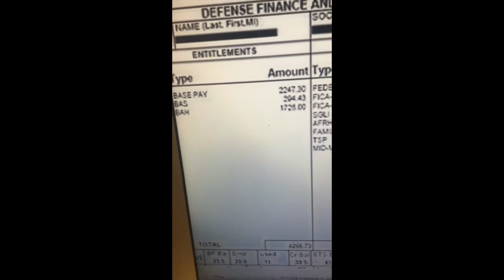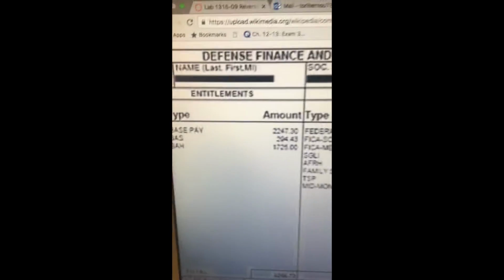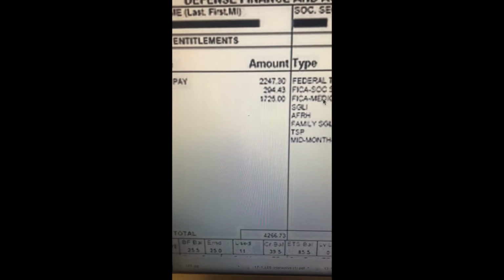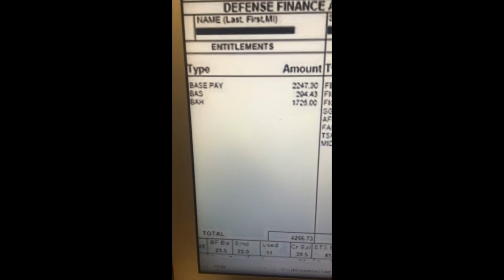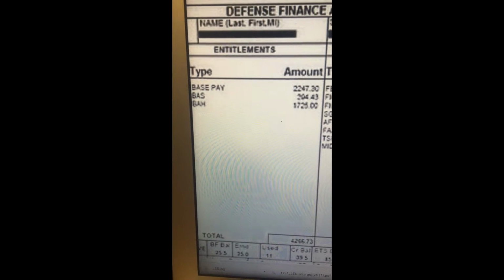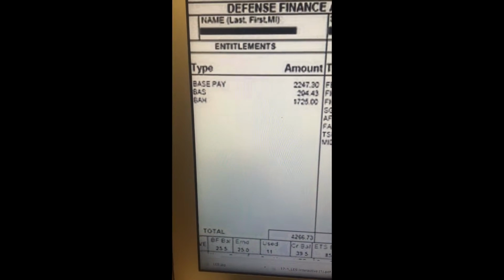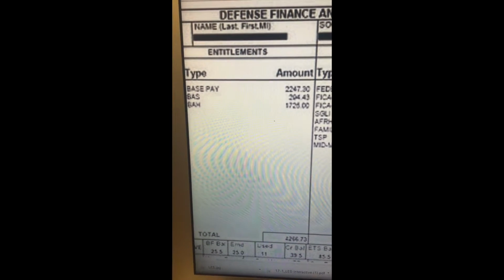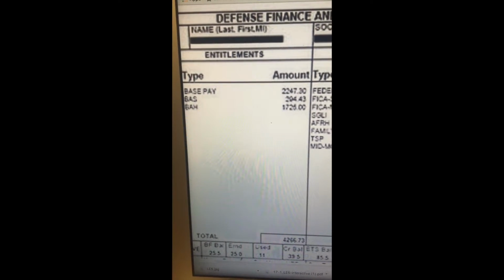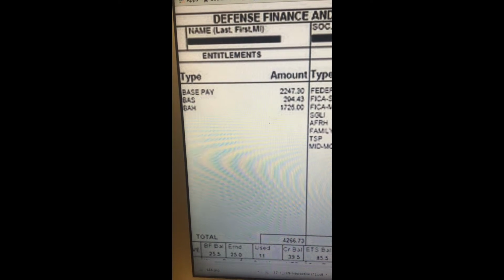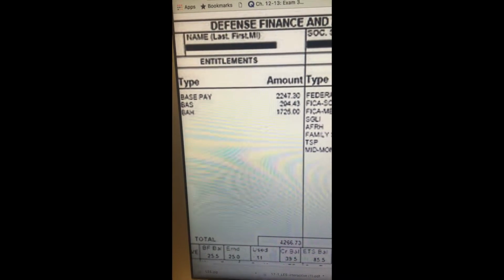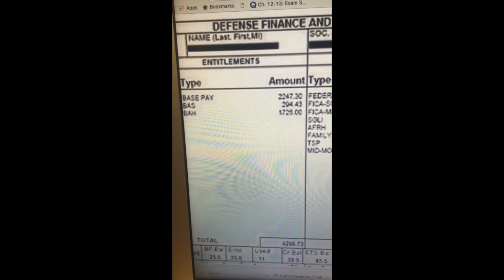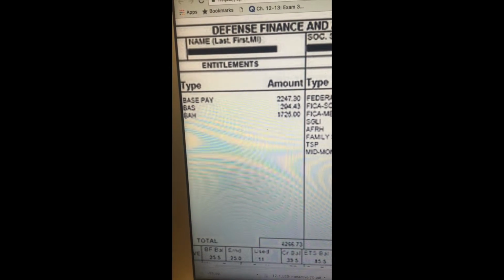Your second section is the entitlements section. This section will include all of the allowances that are given to you for that pay period. Common things you'll find on here are base pay, and that is taxable and is calculated according to pay grade and years of service. Allowances are non-taxable allowances in addition to your monthly base pay.